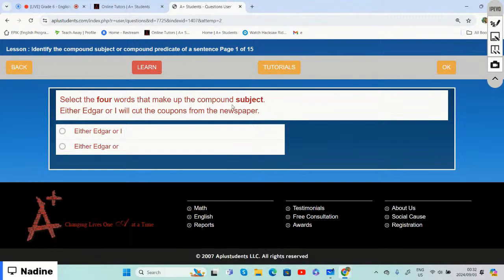All right, so we must select four words, and we said the four words would be either Edgar or I. So option one. All right, yes, and if we were to choose the correct subject, we will go with option one.